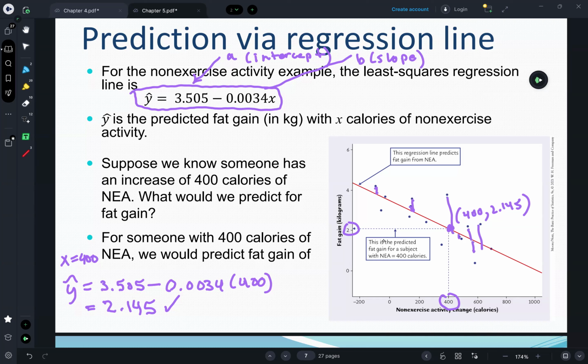Some are below the line, some are above the line. And those vertical distances, we get the sum of those squares to come up with the values of a and b, the intercept and the slope, and then we get the line. And everyone should know how to put a line onto the scatter plot. Just pick some x's and y's and it will give you the line, right?